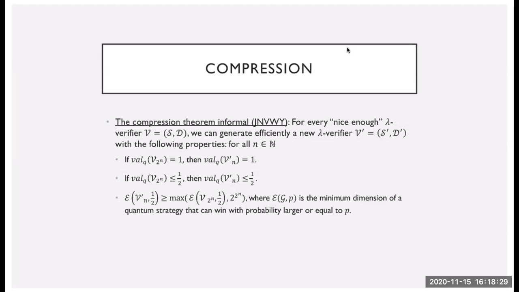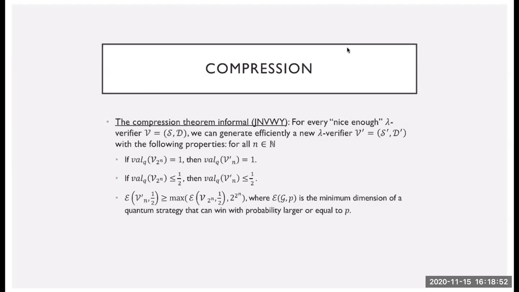So the heuristic here is that you pay with more entanglement. The provers use more entanglement, and by using more entanglement, they can reduce the running time of the original verifier. So in this sense, it compresses.